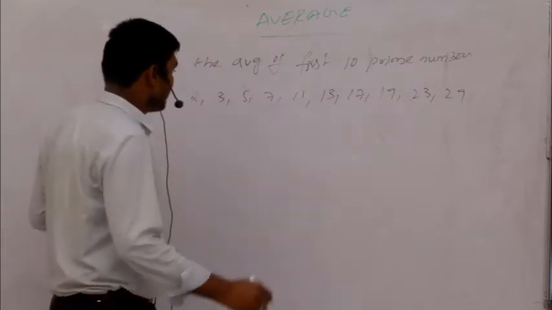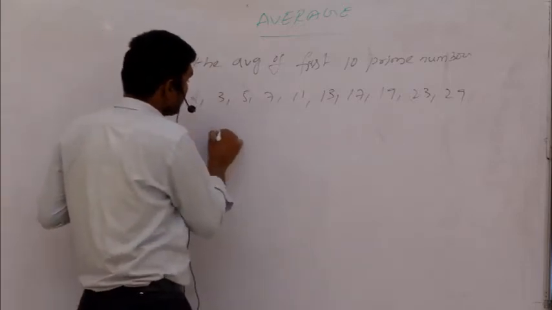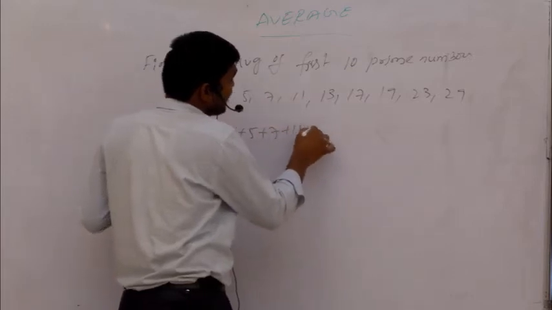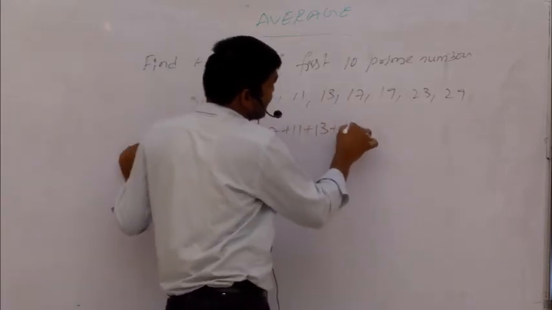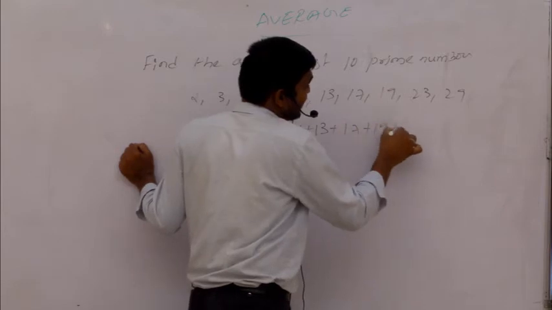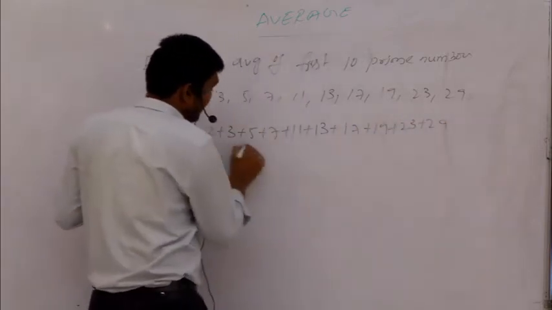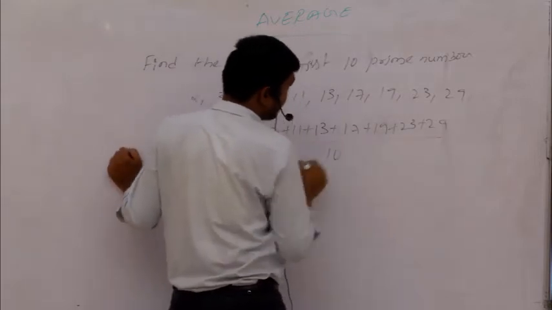If you want average, sum, so 2 plus 3 plus 5 plus 7 plus 11 plus 13, 17, 19, 23, 29 by 10.